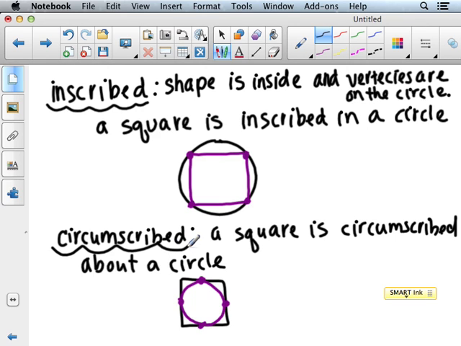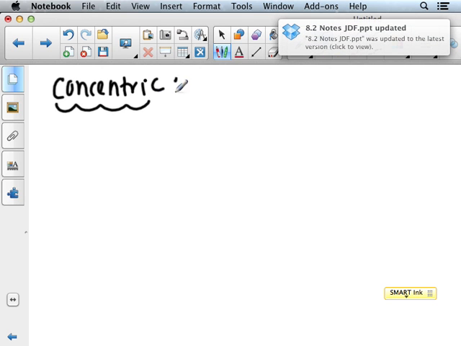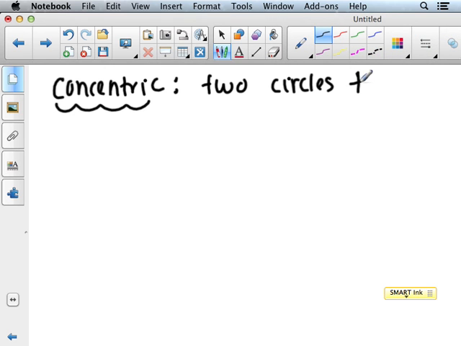And our last vocabulary word is concentric. And concentric means that you have one circle inside of the other and they share the center. So two circles, or more, you could have more than two circles, but two circles that share a center.